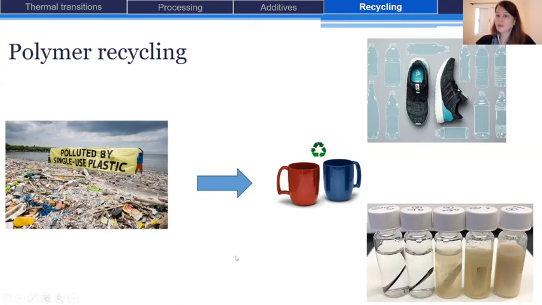So after its use, we could place it in the solvent, and after some weeks, we could obtain this kind of solution and separate the solvent and the polymeric chains and reprocess it in order to form another product. So you can see that there are different possibilities for polymer recycling, and we should work on developing more recycling routes in order to avoid pollution by plastics.